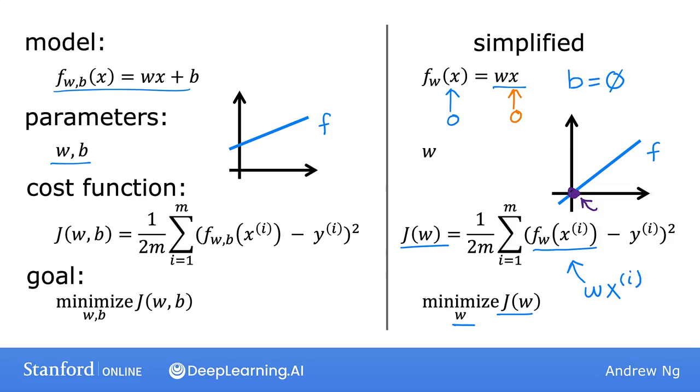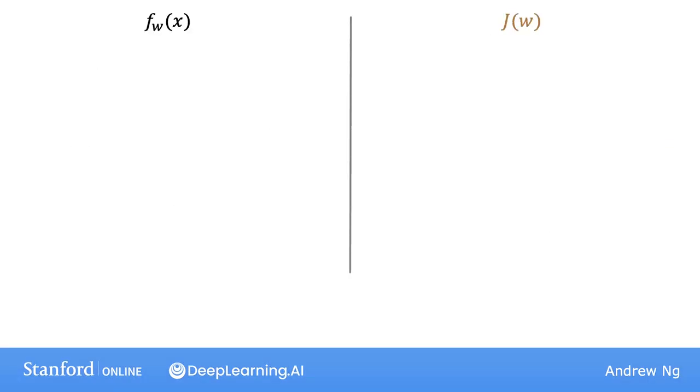Now, using this simplified model, let's see how the cost function changes as you choose different values for the parameter w. In particular, let's look at graphs of the model f of x and the cost function J. I'm going to plot these side by side, and you'll be able to see how the two are related. First, notice that for f_w, when the parameter w is fixed, that is, always a constant value, then f_w is only a function of x, which means that the estimated value of y depends on the value of the input x.